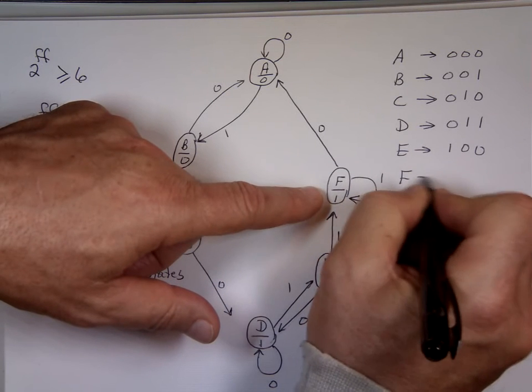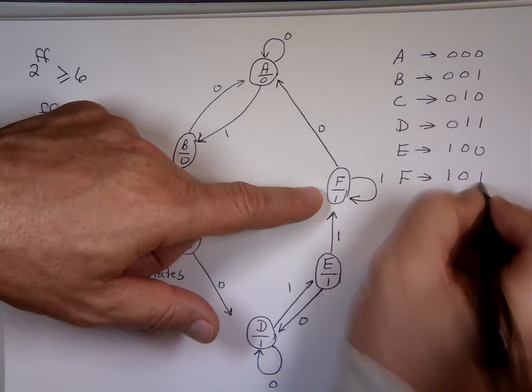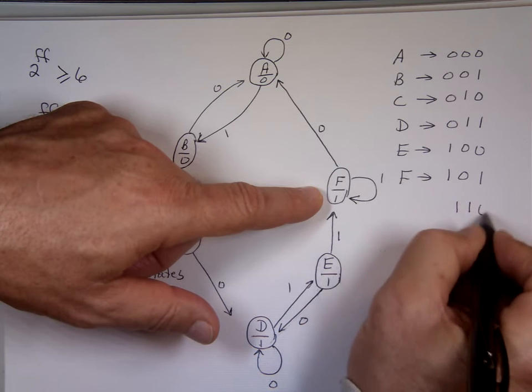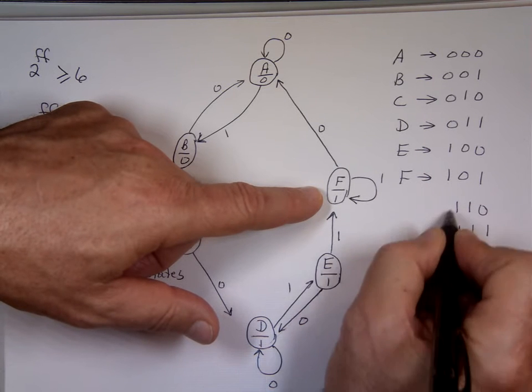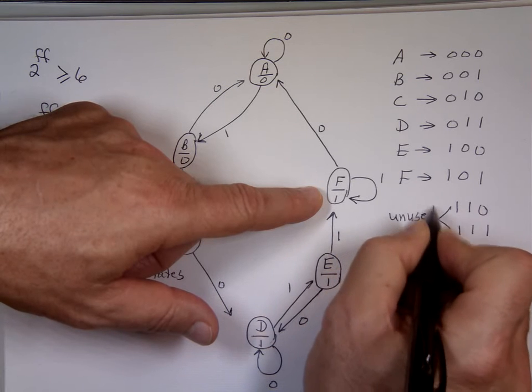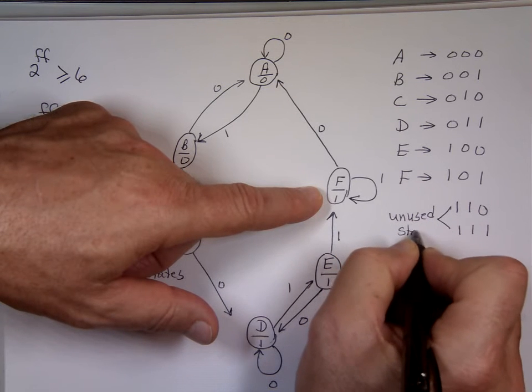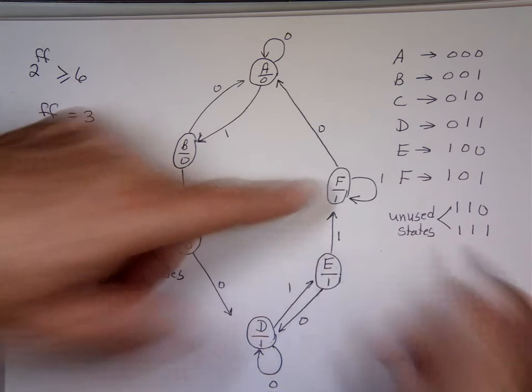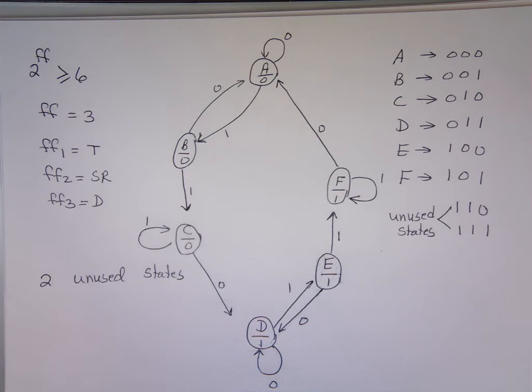State F as 1, 0, 1. What about 1, 1, 0 and 1, 1, 1? Those are my unused. I'm not using them because I'm using 3 flip-flops. So that's the coding of the states.